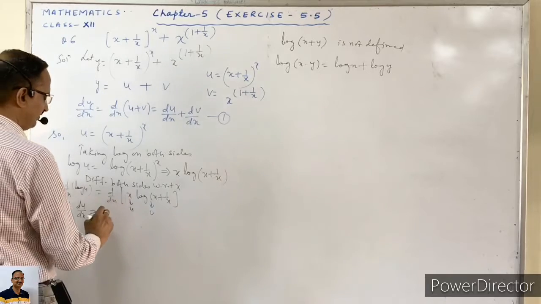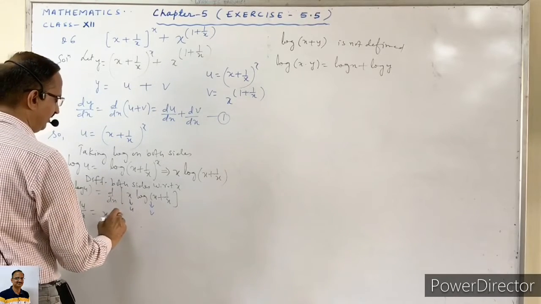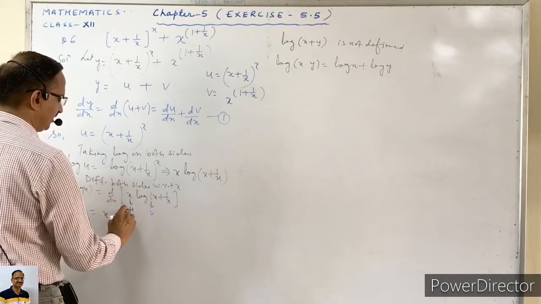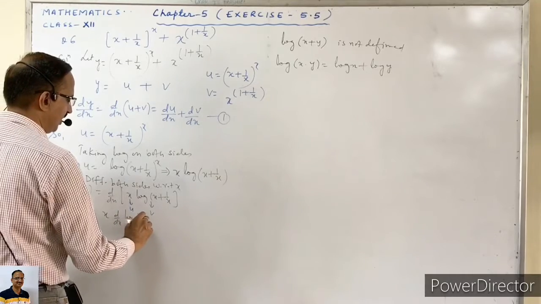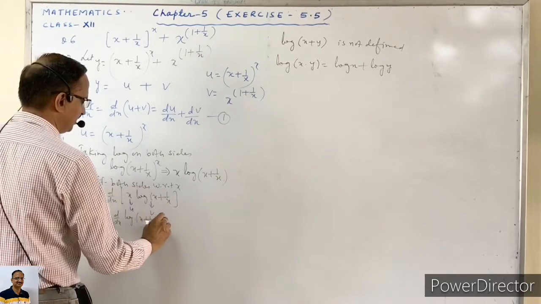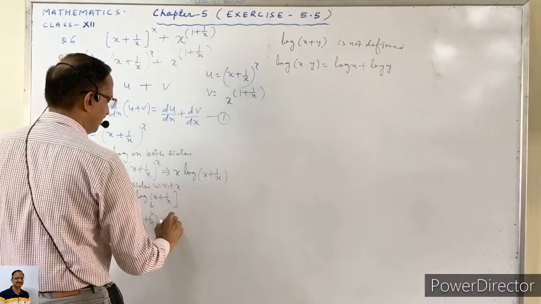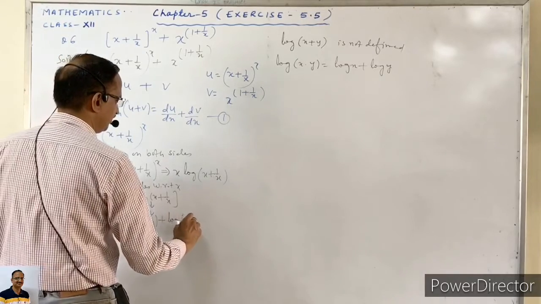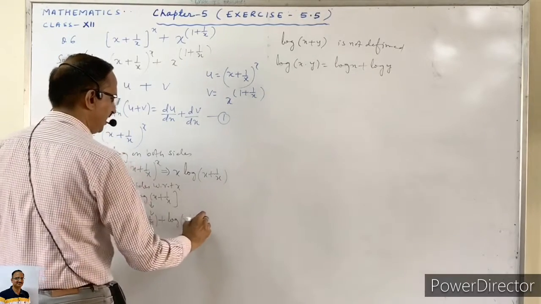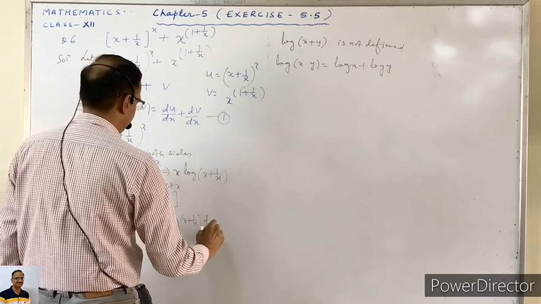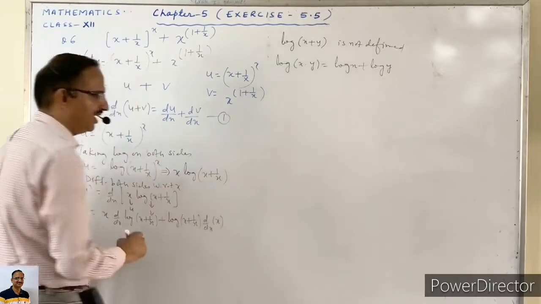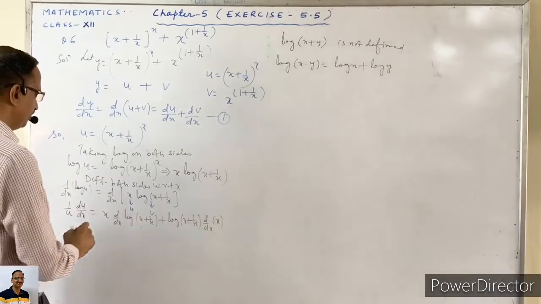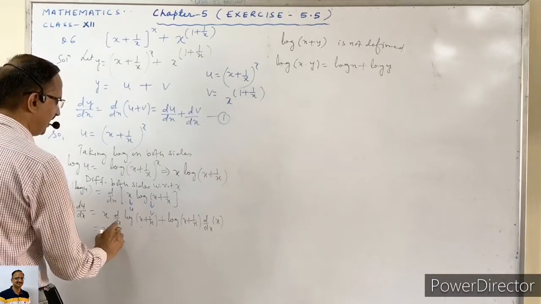Now this first function as it is, times the derivative of the second function, d/dx of log(x + 1/x). Now the second function as it is, log(x + 1/x), times the derivative of the first function. This is by product rule. So this can be written as x.